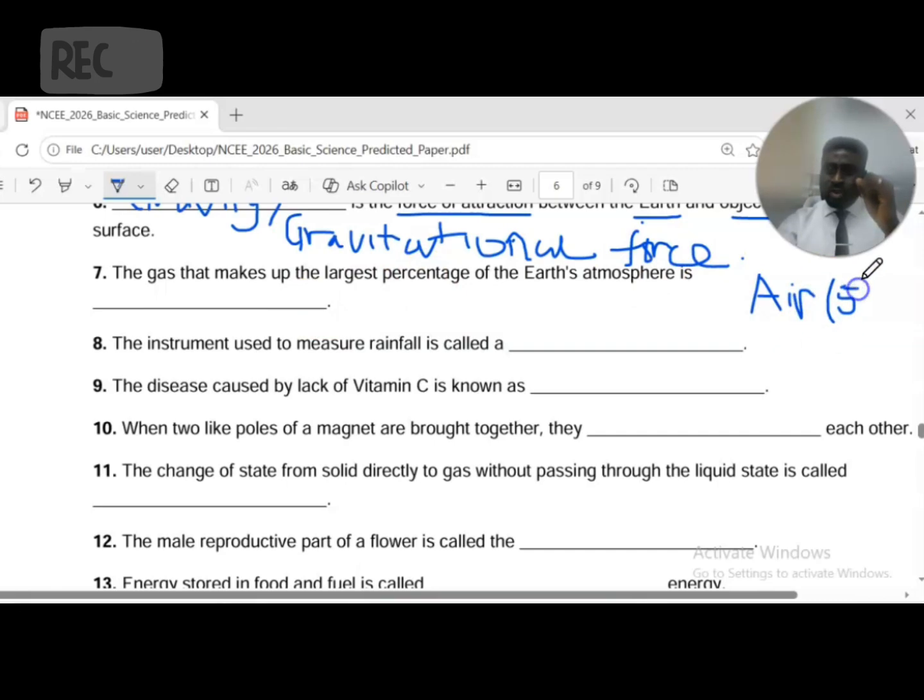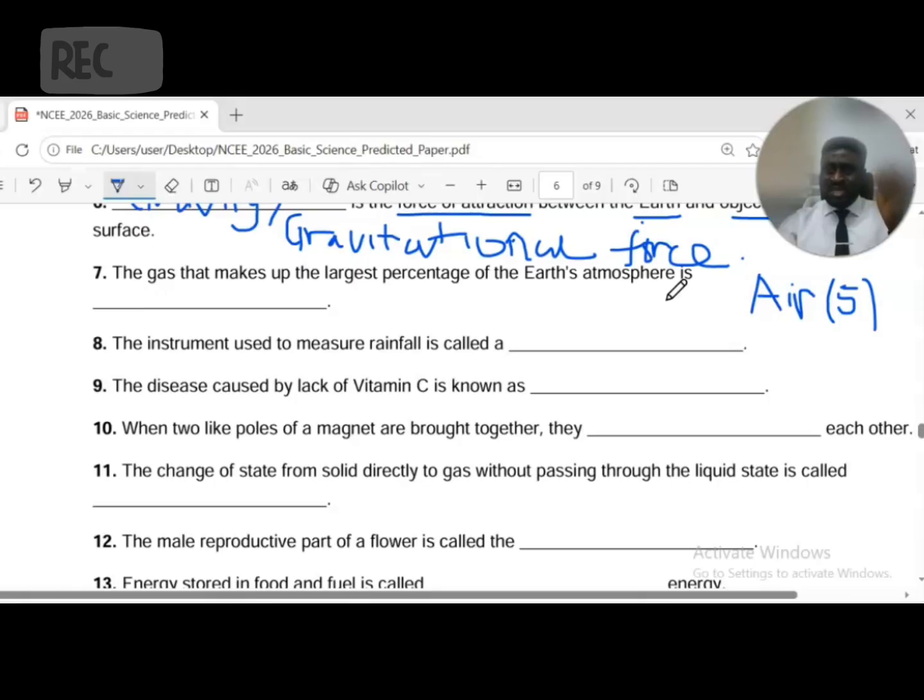One of them is nitrogen, which is the chiefest among all of them. It occupies 78% of the Earth's atmosphere. The second chiefest gas after nitrogen is oxygen, which occupies 21% of air.